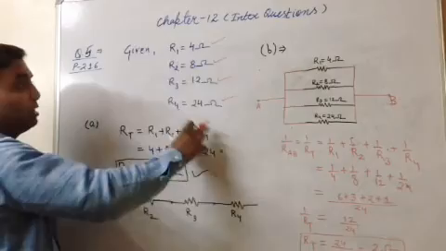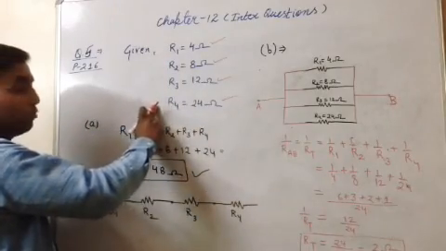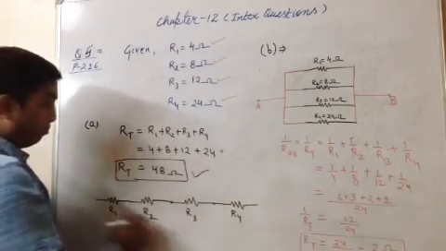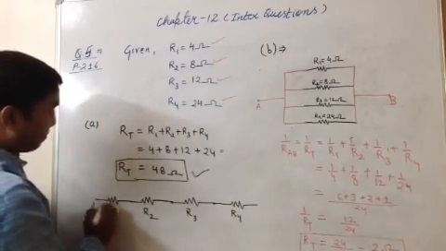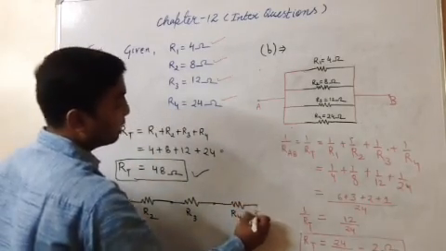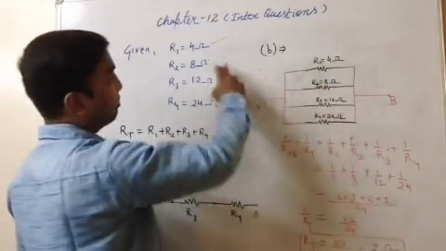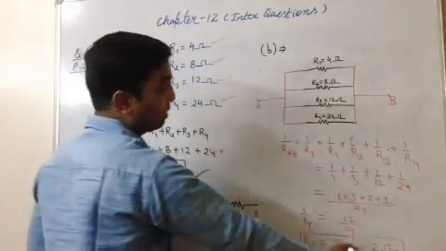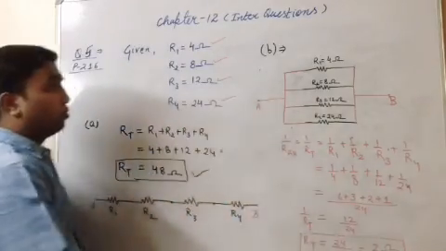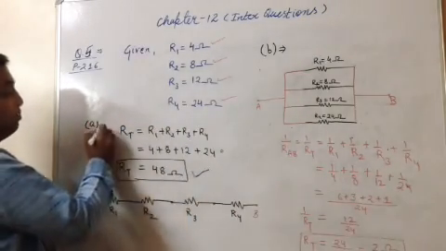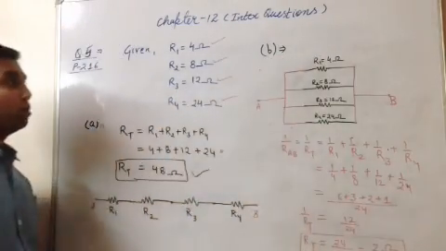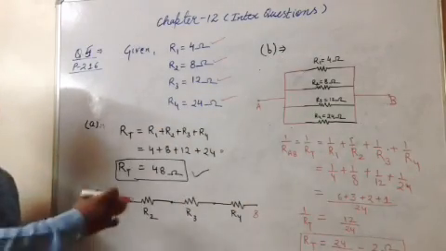What is the maximum resistance that can be obtained using these 4 resistors? 48 ohm, and this is how we connect between point A and point B. And how can we get the minimum resistance? When we connect these resistors in parallel, we get the minimum resistance, that is 2 ohm. So this is the end of the A part, and that's the end of the B part. So this question is over here. Now you please note down.